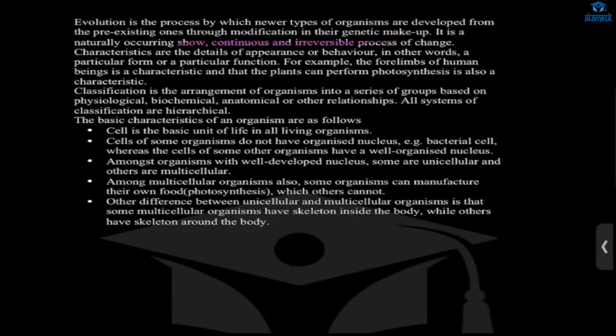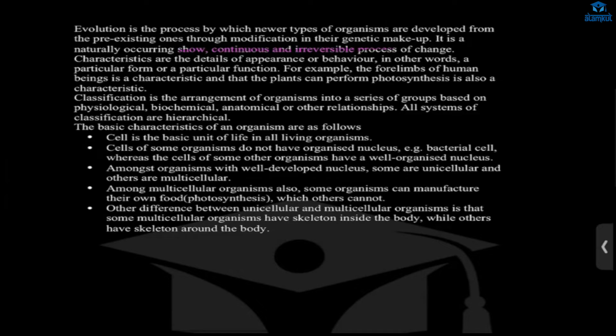Now, what is a characteristic? Characteristics are details of appearance or behavior. For example, the forelimb of a human is a characteristic of human beings, and the ability to perform photosynthesis is a characteristic of plants. And classification, what is that?